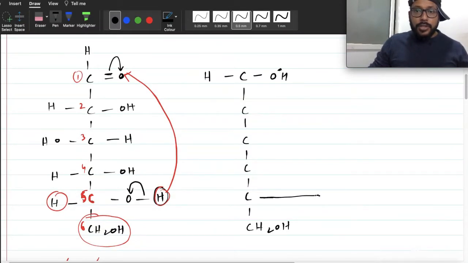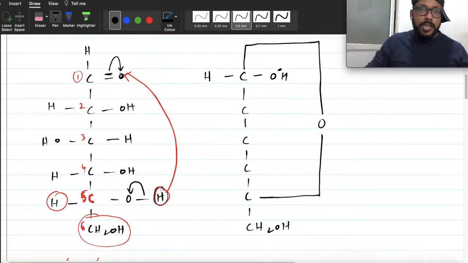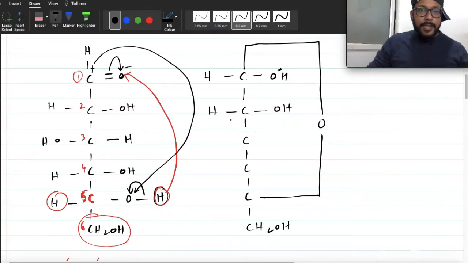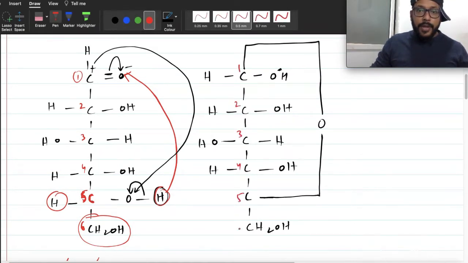This oxygen can make a bond to this carbon, because when this bond breaks, this will be positive and this will be negative. So positive will link with negative, and all the others remain the same: H, OH, H, OH, H. This diagram contains numbering 1, 2, 3, 4, 5 and 6.